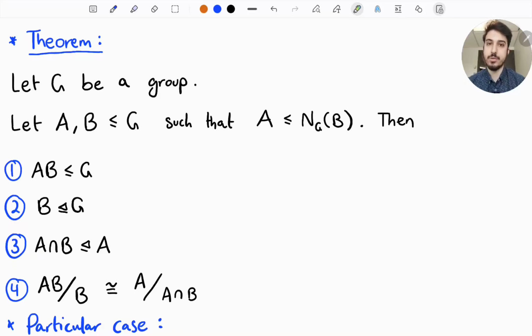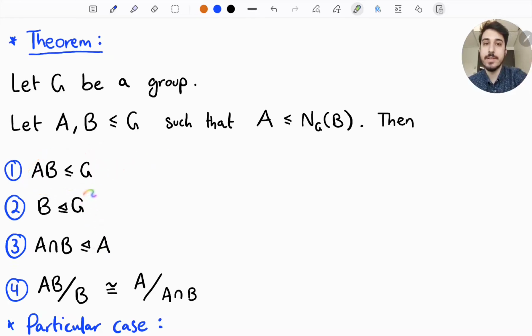To make this easier to remember, notice that all three conditions here are very, very necessary in order to achieve the isomorphism. First of all, we need to have that all of these things here are groups. And so we need to have that AB is a subgroup of G. And that's why the first result is important.